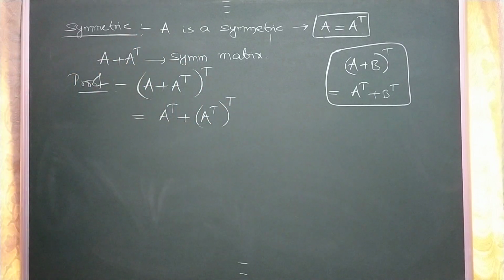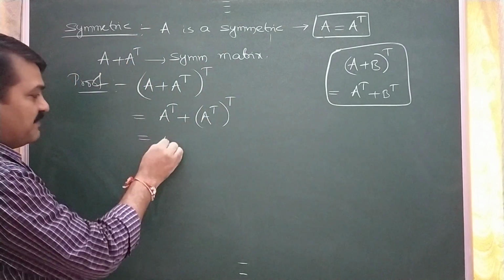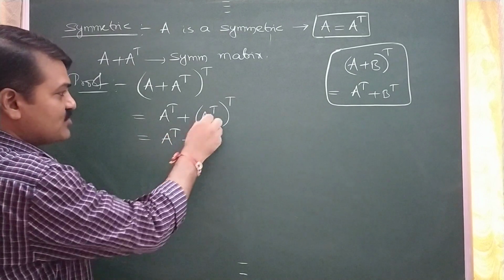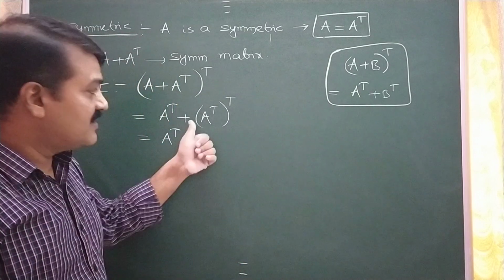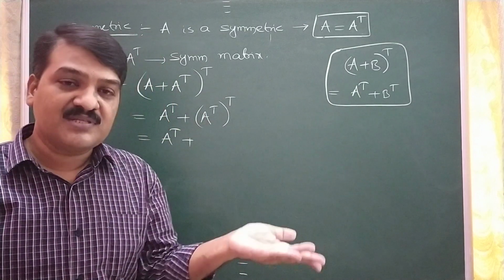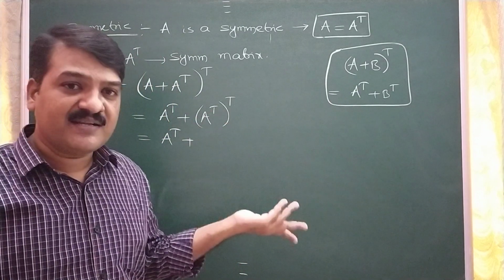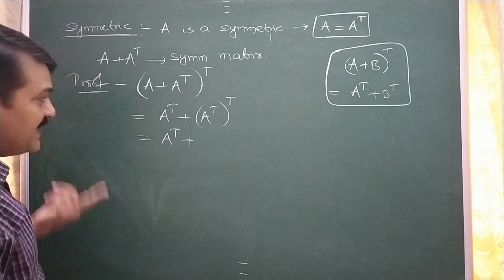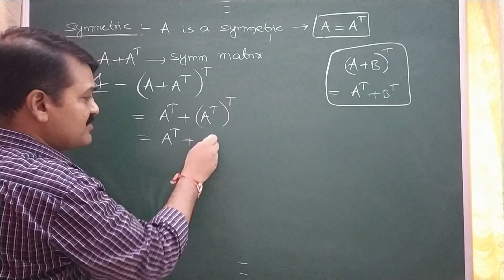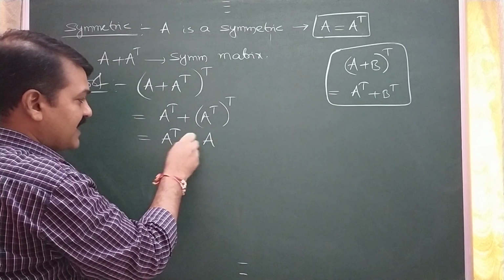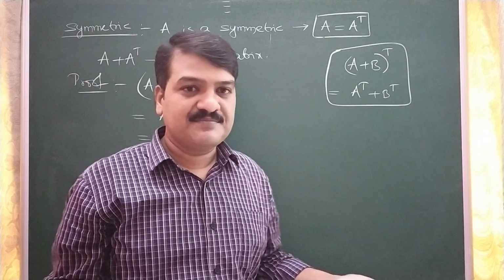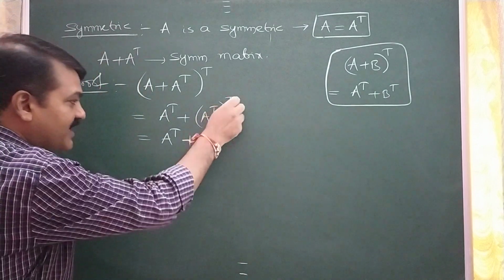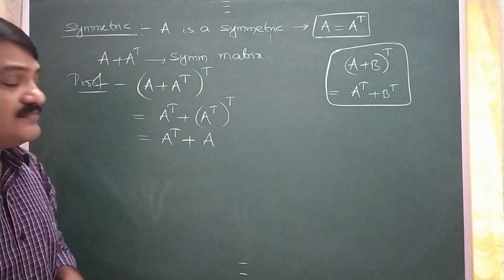So what happens if you transpose a matrix two times? Interchange rows and columns, transpose, again interchange rows and columns, you will get back the same matrix obviously. So A transpose whole transpose will be A only. If you transpose two times, you will get the original matrix obviously. A transpose whole transpose is A only.